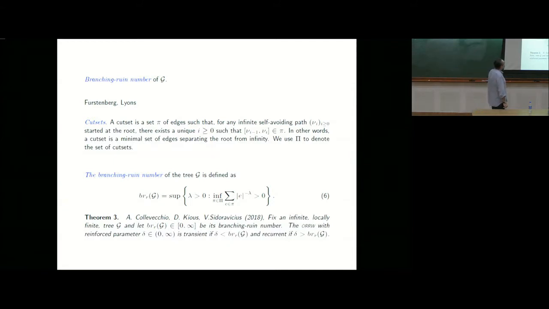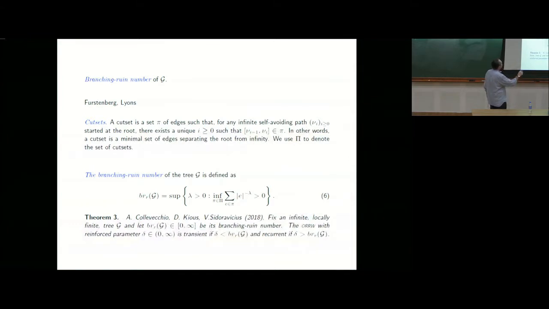Okay, so what is the branching ruin number? It tells you a lot about graph structure from local view to global view. The definition of branching ruin number is here, and let me explain now. You look at a tree, and then you want to say how many ways you can go away.